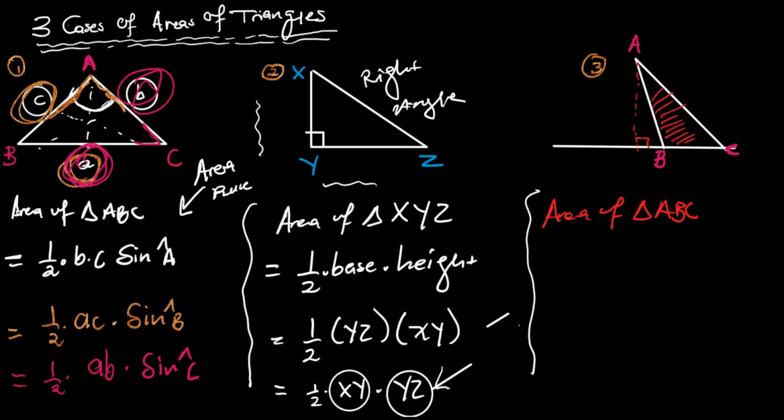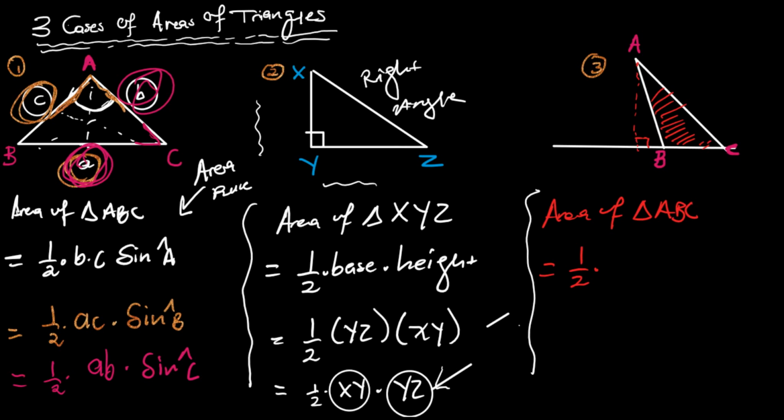So we're going to have half multiplied by base times height, because we have 90 degrees now. The height of a triangle is like the perpendicular rise of a triangle. I'm not sure if that makes sense.